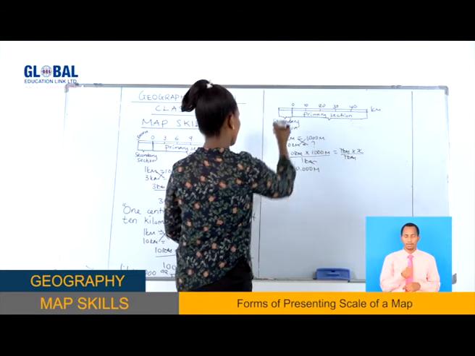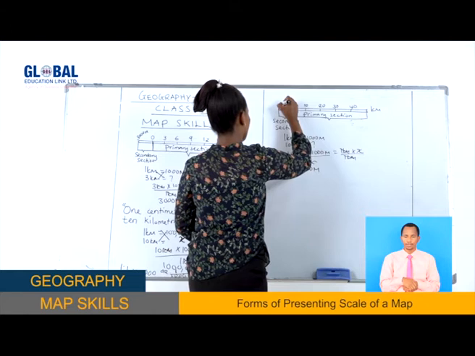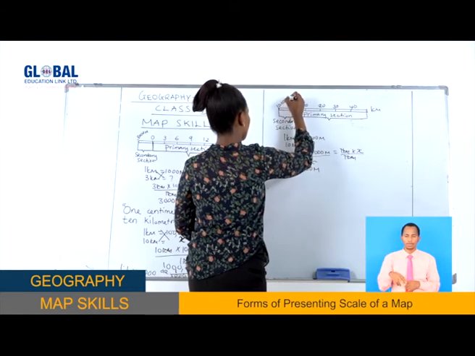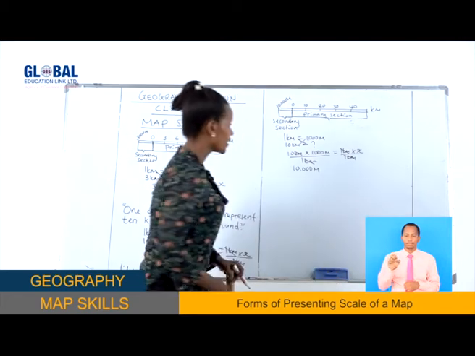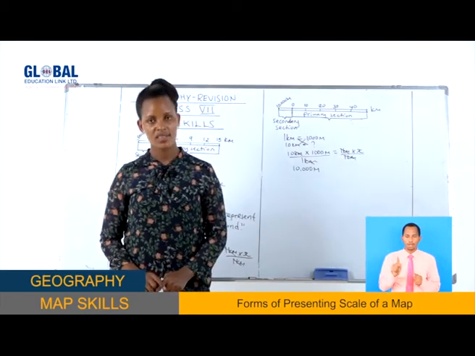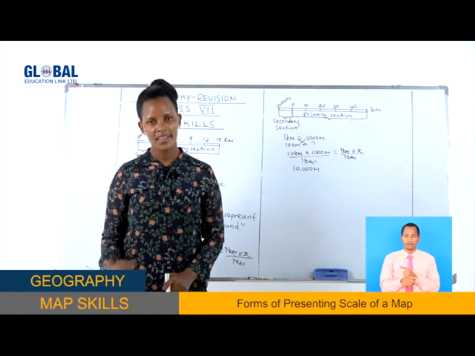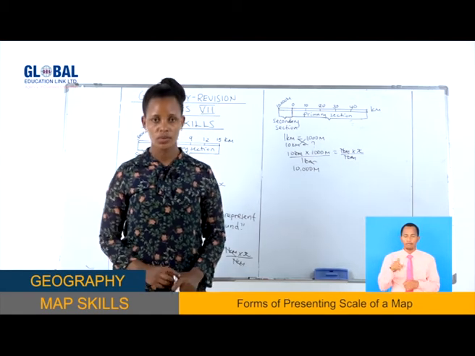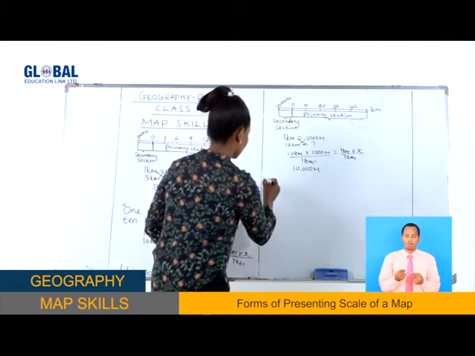Divide by 1, the same. So means 1 centimeter represents 10,000 meters. As I said, we can also change representative fraction scale into linear scale or into statement scale. Let us see an example.